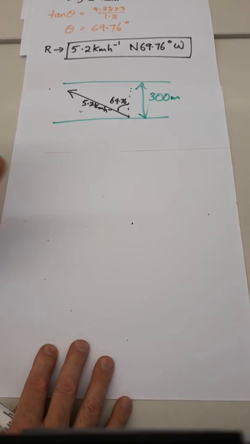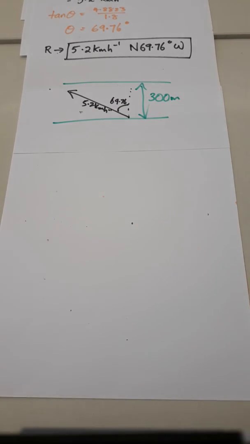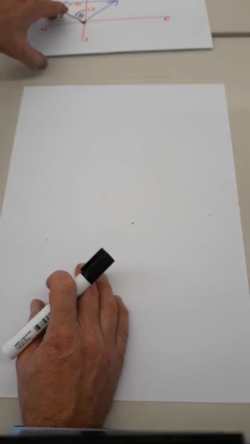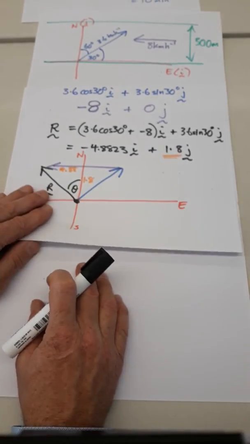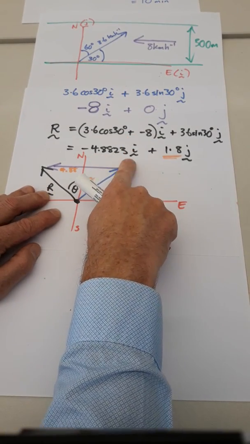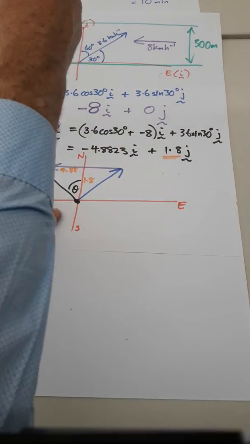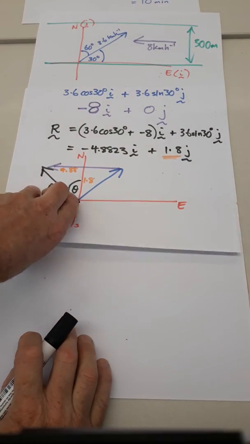All right, well, we already know it because we've got it in component form. We know from the work that we did before that the resultant vector is minus 4.8823i and 1.8j. So we know that it's 1.8 in that direction.